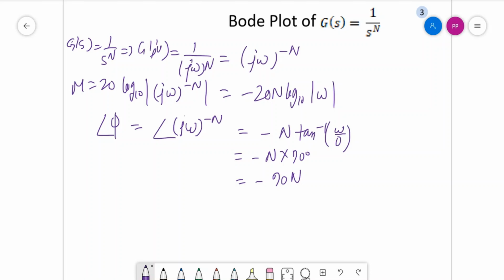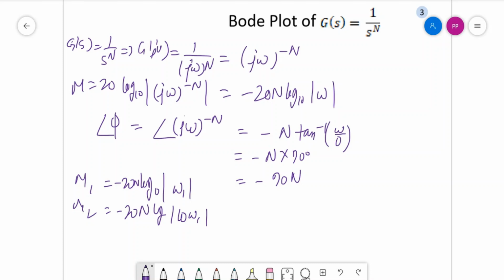So let us proceed further. Once we see that this angle is minus 90 degrees, similarly we can find out the slope for this. Let us say M1 equals 20 log of mod of ω1 to the power n, so we can make it minus 20n log ω1, and M2 equals minus 20n log of 10ω1.